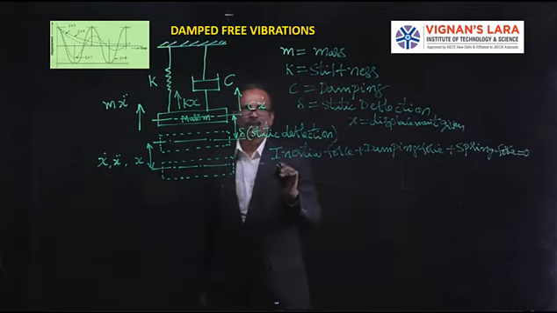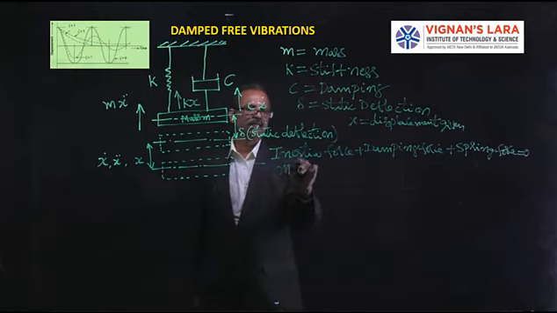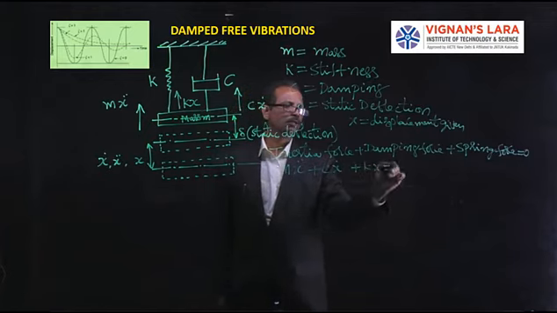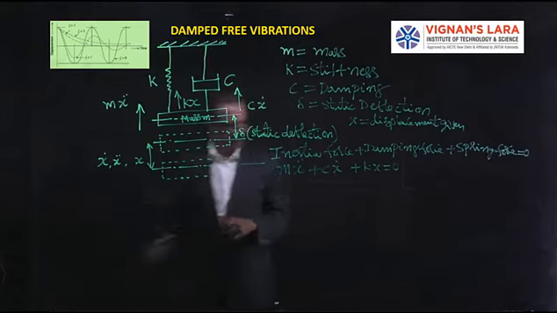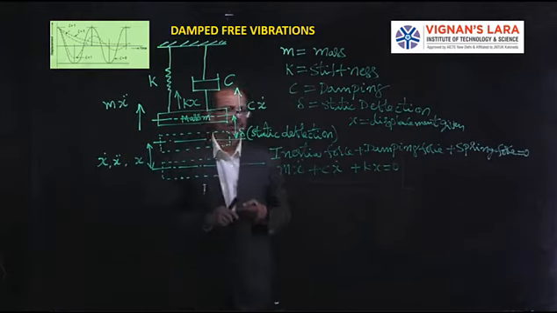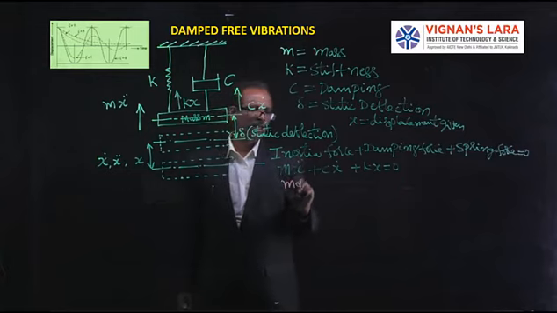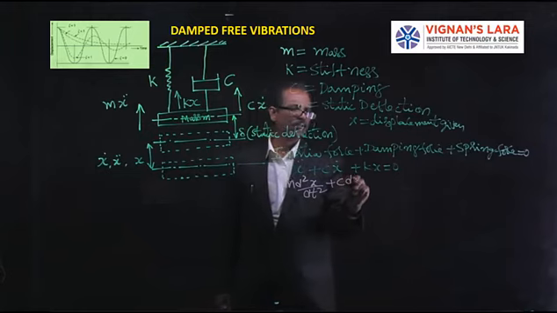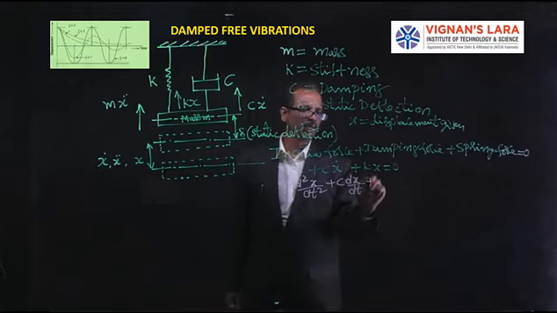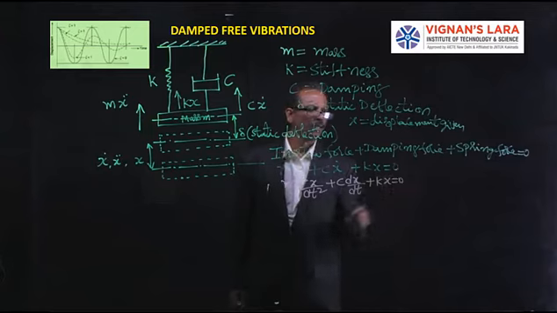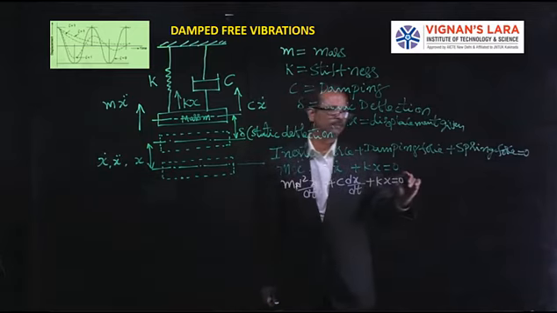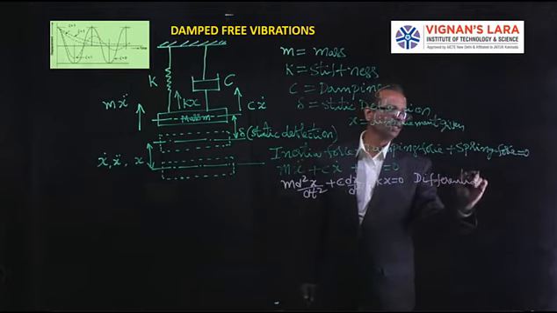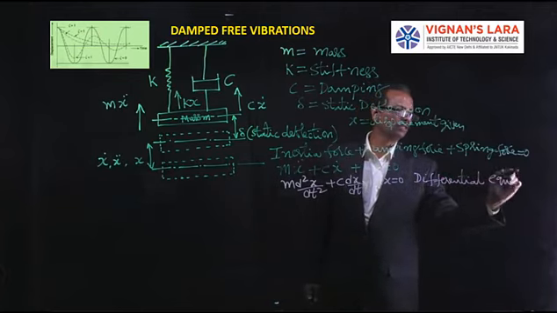That is m x double dot plus c x dot plus k x is equal to 0. This can be written as m d square x by dt square plus c dx by dt plus kx is equal to 0. So this is a differential equation, a second order differential equation.